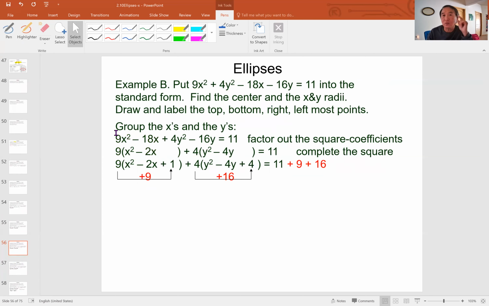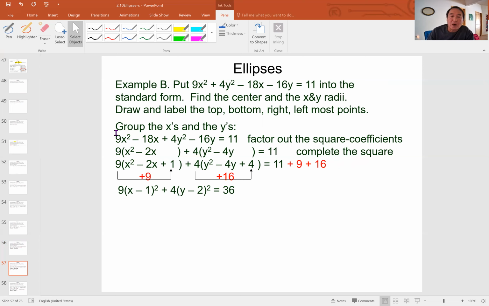So this is the algebra you have to watch out for with ellipses. This is basically where, if things go wrong, they go wrong right here. But once we pass these steps, then we can write the parentheses as a linear square.